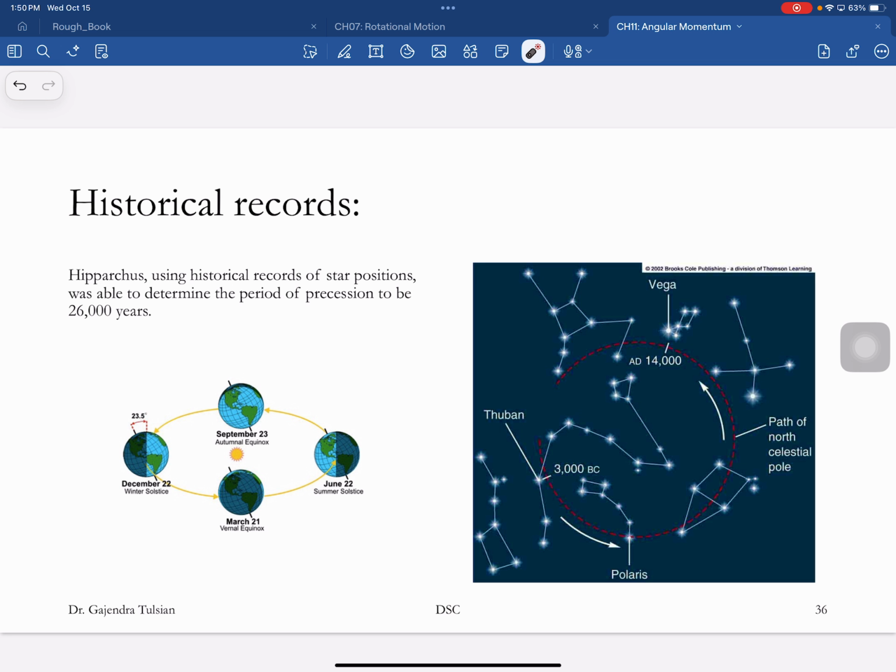All right, so what that means is the following. Okay. There you go. So when the axis is most tilted towards the sun, this is somewhere in the northern hemisphere, okay? And the Earth's axis precesses once in 26,000 years.